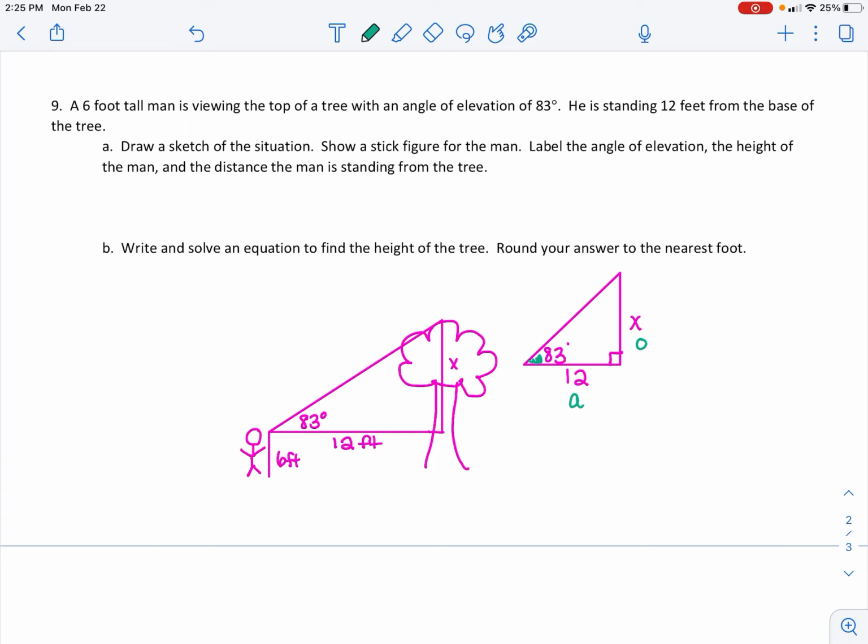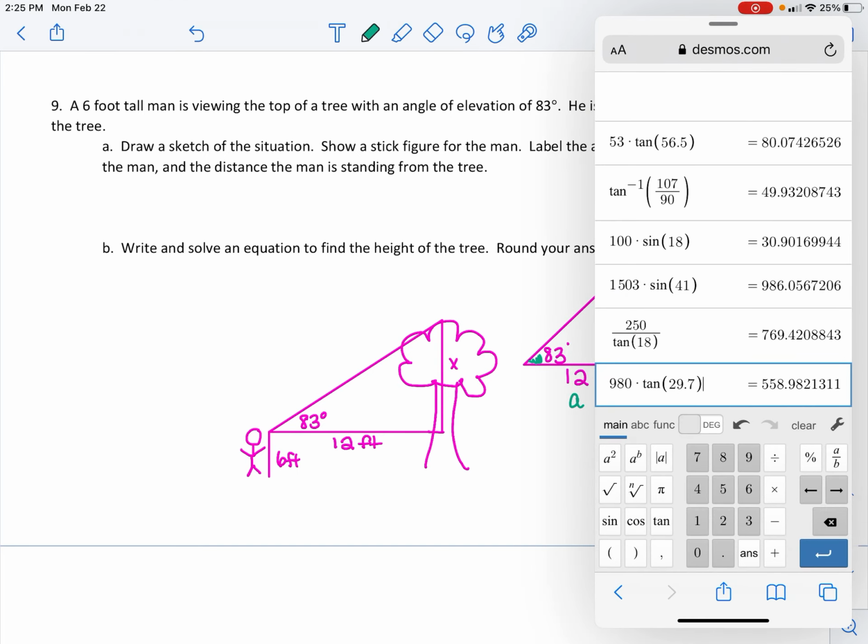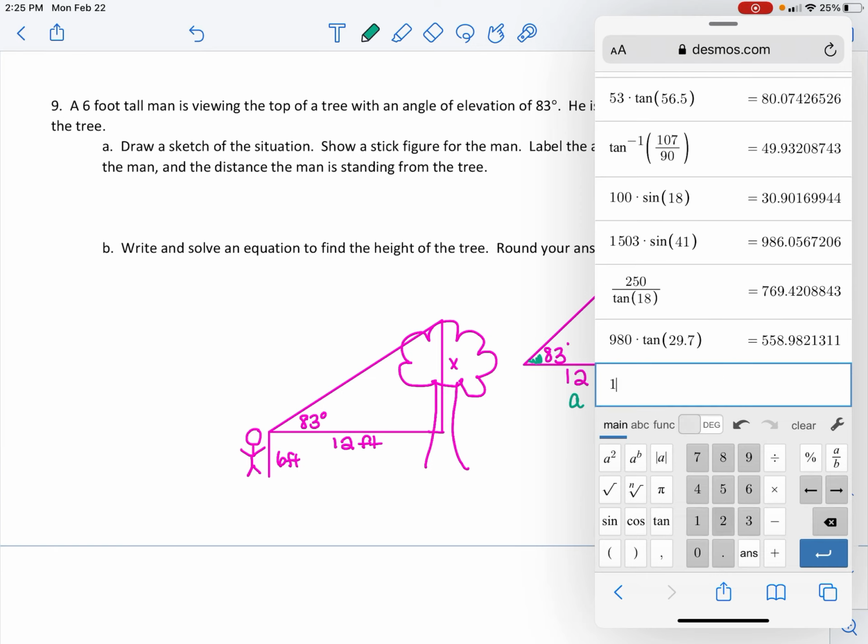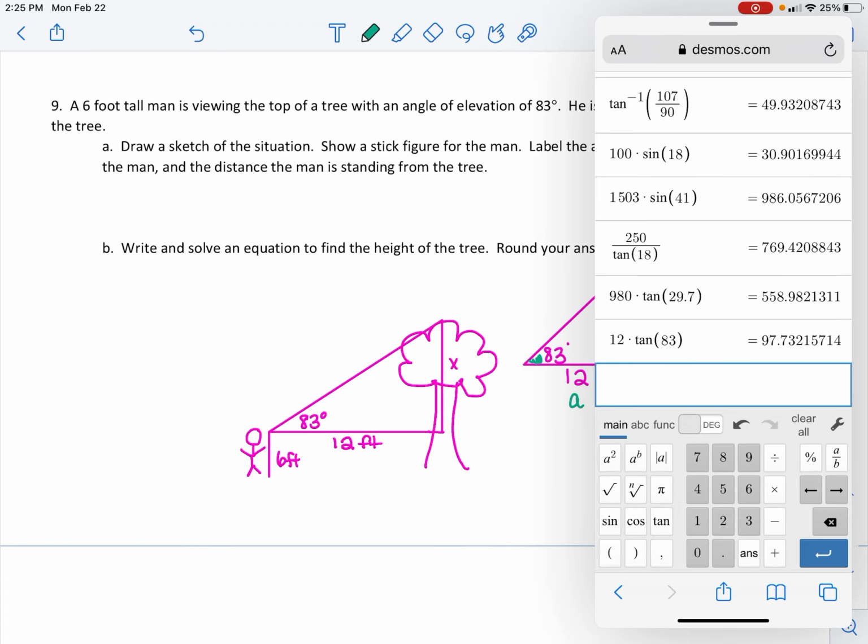So that is going to use tangent. I'm going to say the tangent of my angle 83 is equal to opposite over adjacent. We're going to cross multiply, so we get x is equal to 12 times the tangent of 83. Let's go ahead and see what that is. So we get 12 times the tangent of 83, and that gives me 97.7.